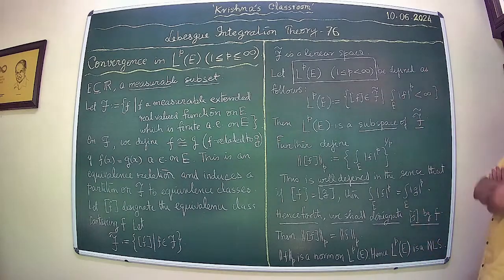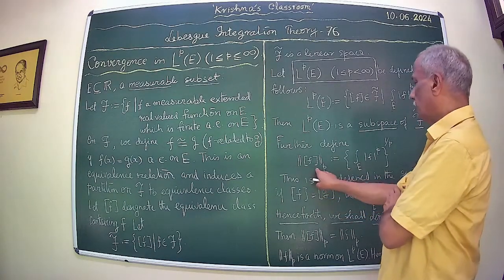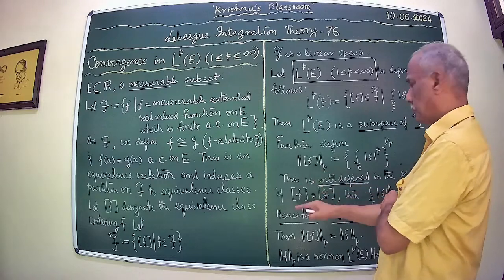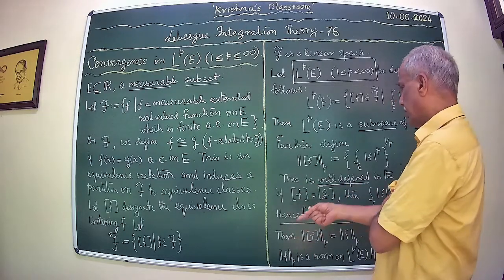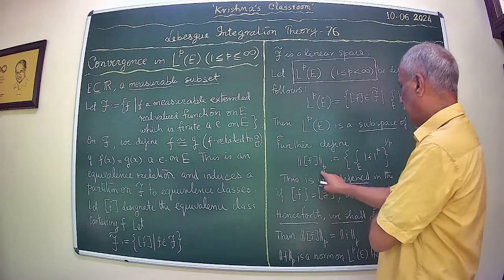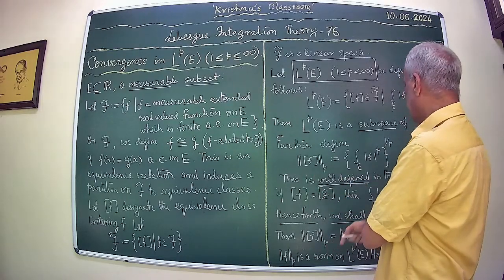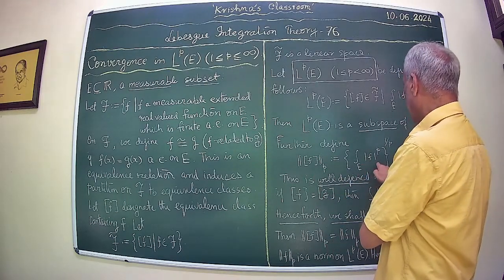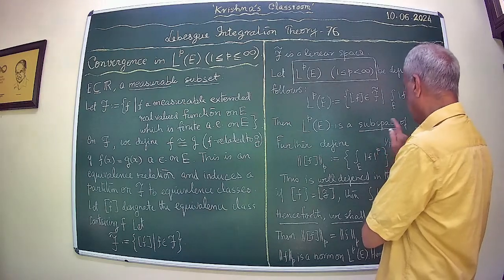Further, we define the norm of bracket f, we yet have to prove it is a norm, which we have done already, the p norm of this as the integral over E of |f|^p, to the power 1 by p.